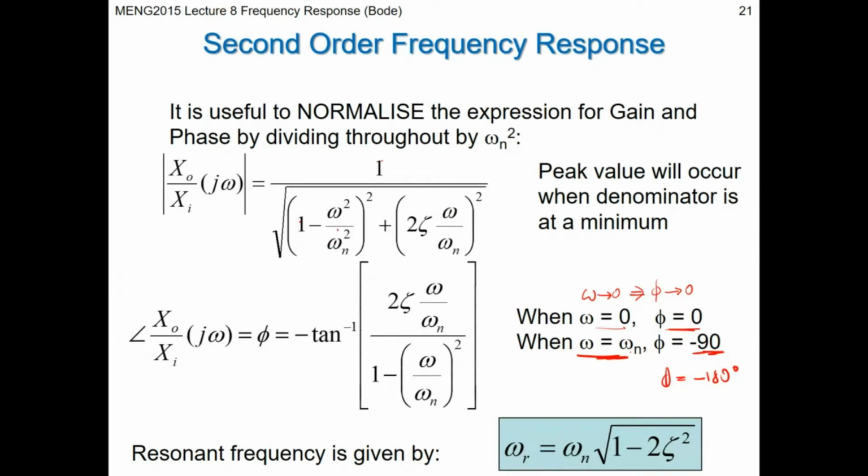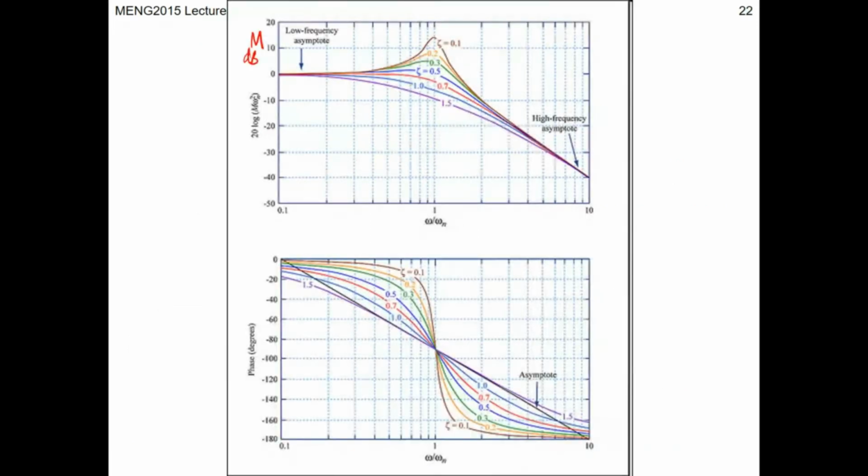If we have a very small value of omega, this will go to 1, and this will go to 0, so the magnitude will be 1. If you take the magnitude of 1, it's saying if omega is approaching 0, that implies the magnitude is going to be 0 dBs, because if we take log of 1, that gives us 0.